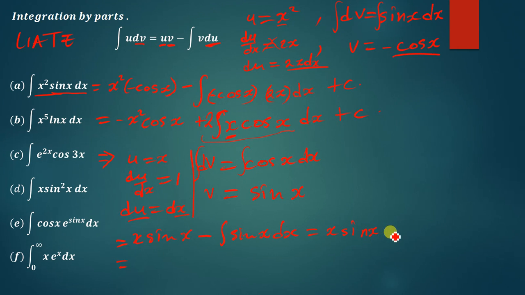to give us x sine x minus, then this part here will give me, when you integrate sine x, you're getting negative cos x. So I'm going to have negative cos x there.